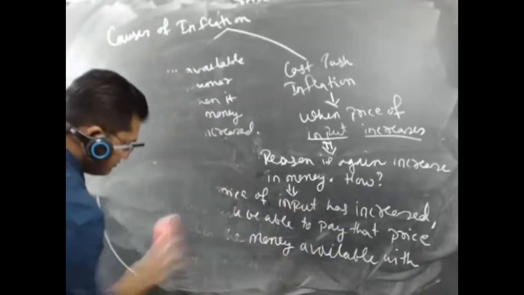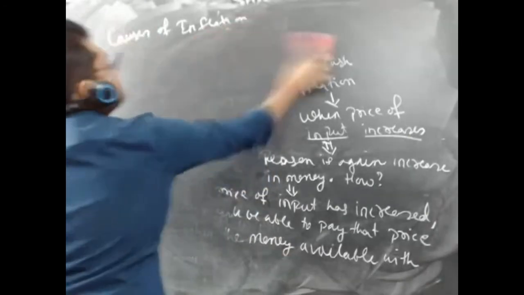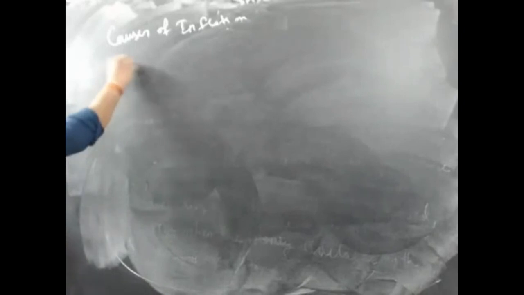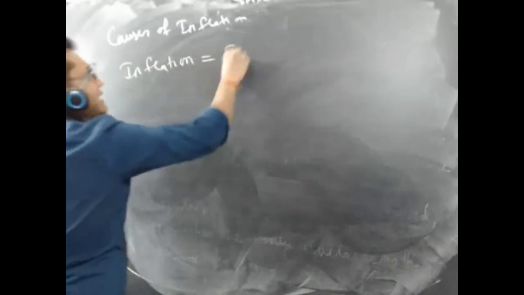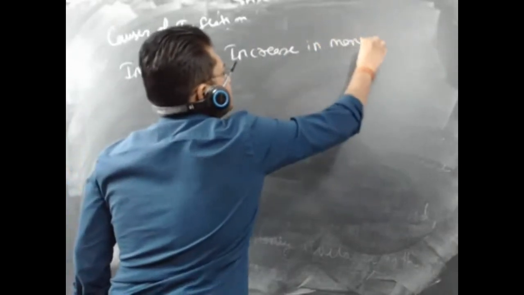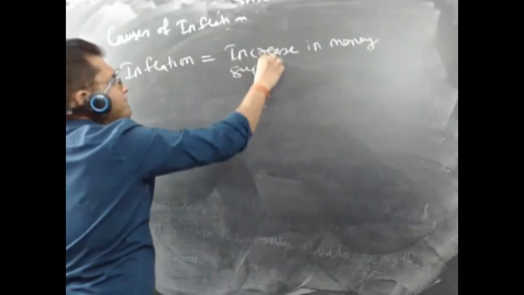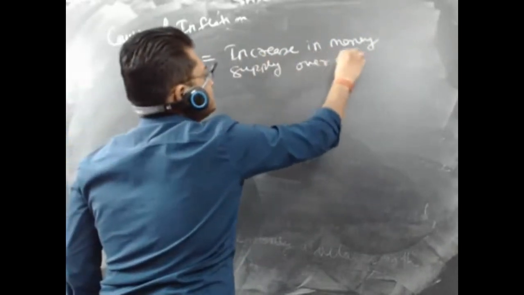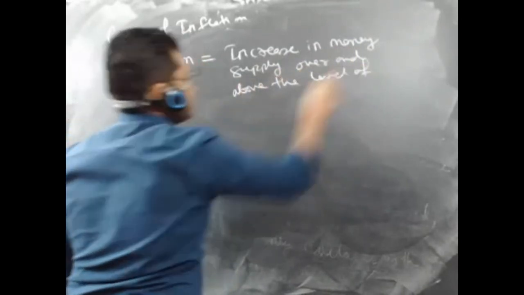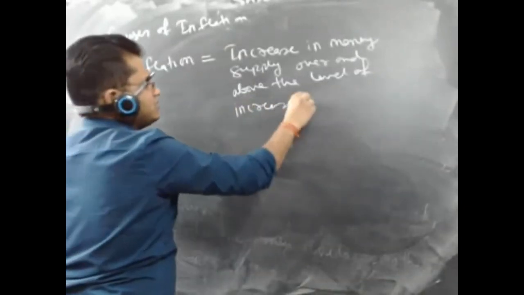Their argument is that inflation is simply equal to the increase in money supply over and above the level of increase in real output.